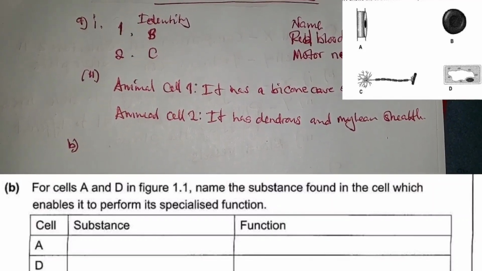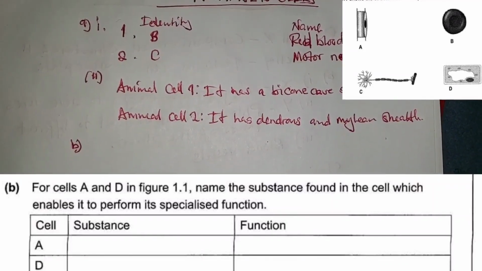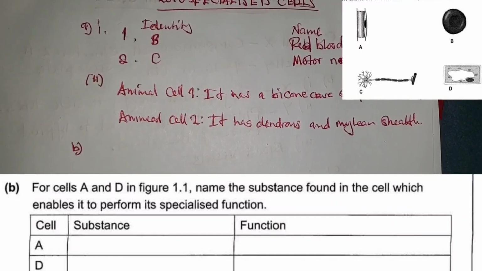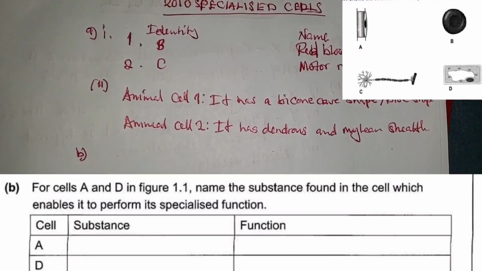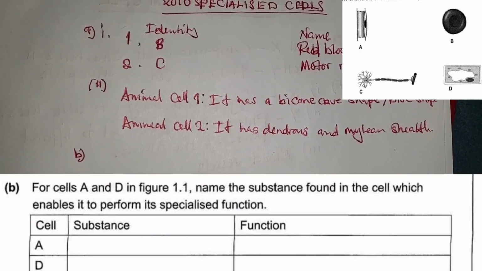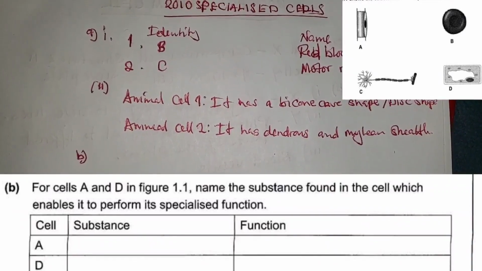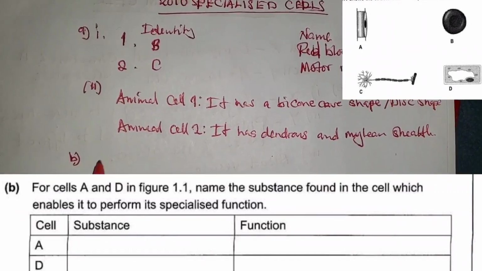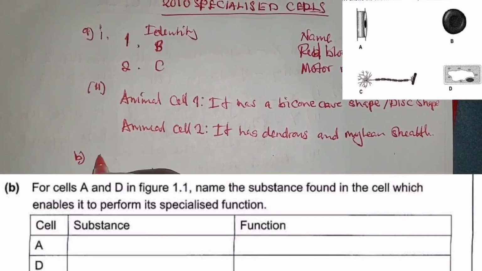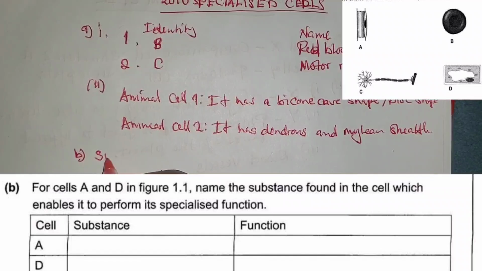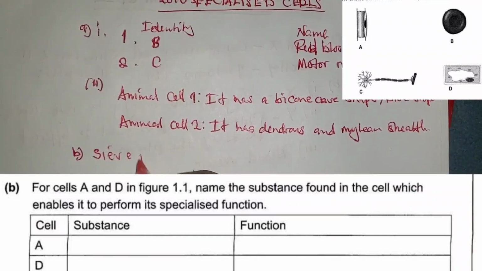Then cell D is a palisade cell. So you can say a phloem has sieve plates.